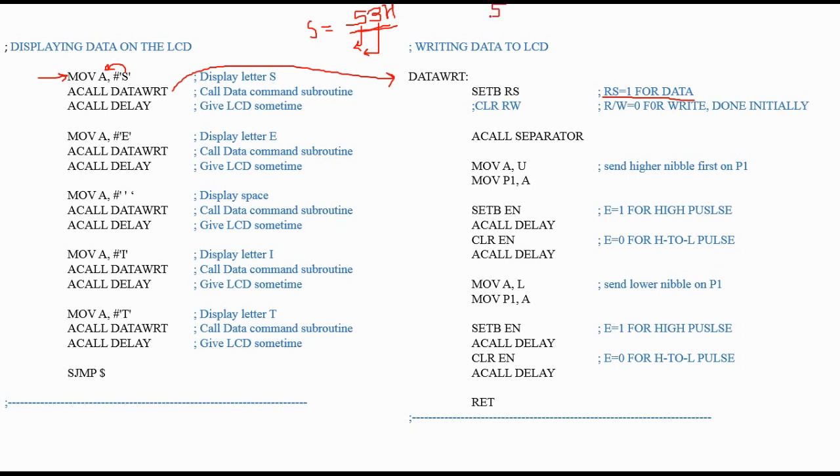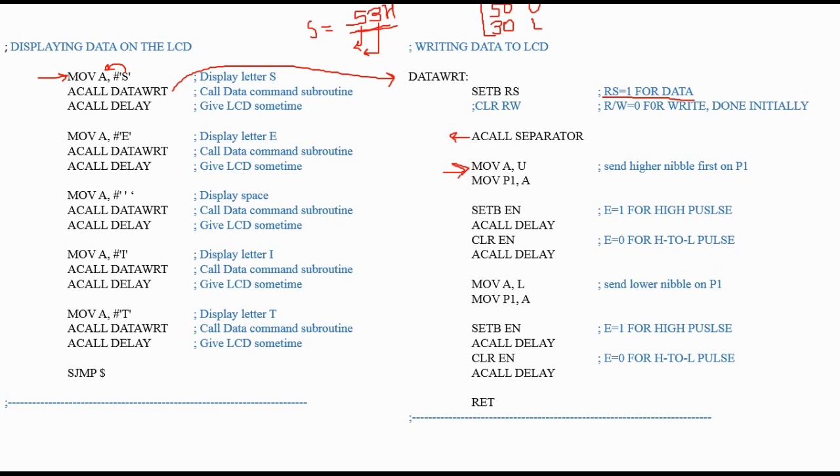So we will extract 5 as 50 and 3 as 30. Just like the command, here we are sending the data in the same way. So ACALL separator, here the separator function will be called. Okay, and after doing this kind of separation into U and L, it will come back at this location.